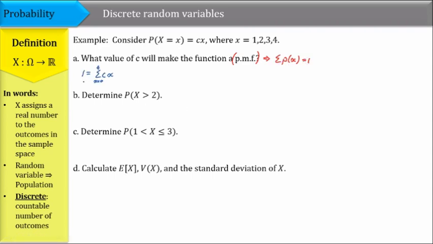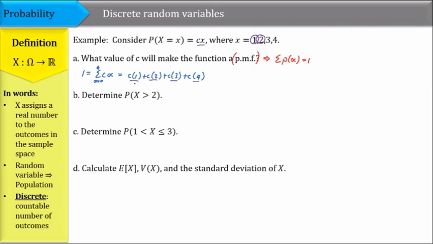We'll take 1 and we'll say that that must be equal to the sum of c times x for all possible x values. If we look at the expanded notation, then it's simply going to be c times 1, because 1 is the first x value, plus c times 2, because 2 is the next x value, plus c times 3, plus c times 4.